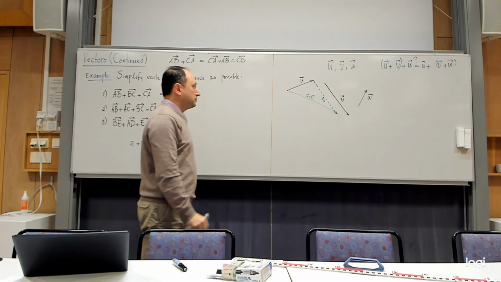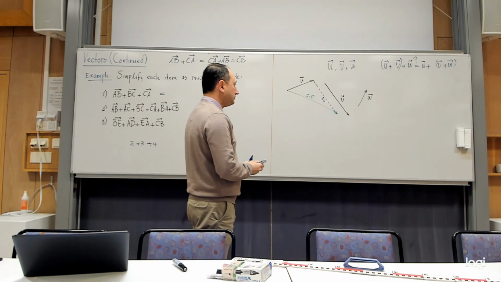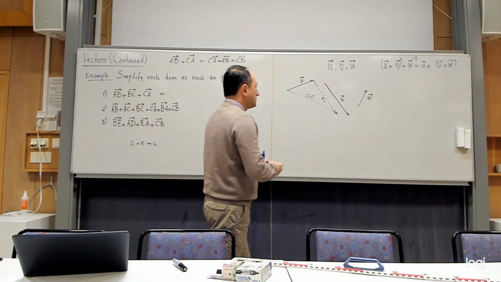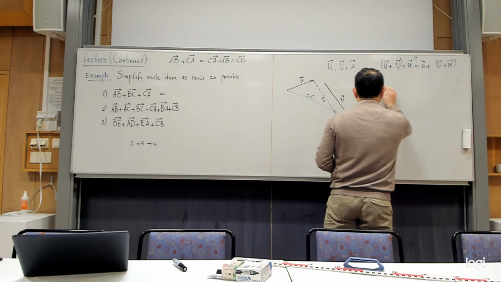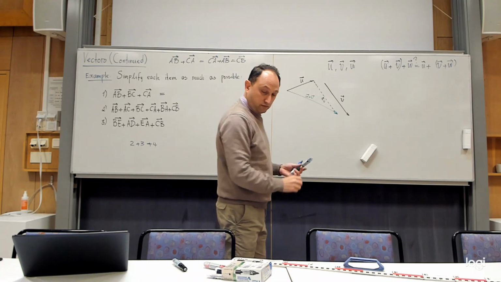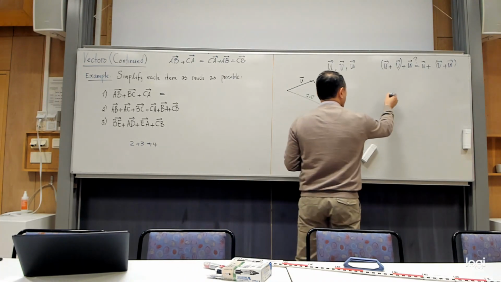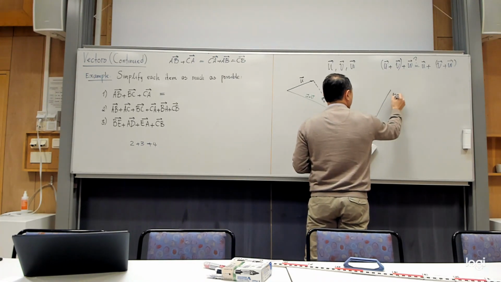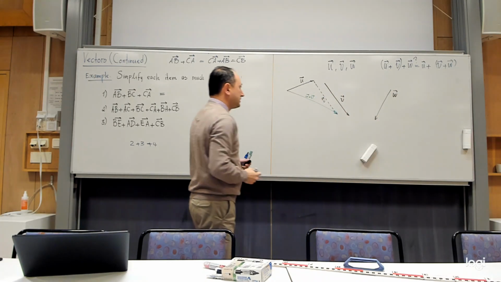And then what I am supposed to do, so if you don't mind, let me draw this vector V in a different direction. Otherwise, I have to cross them, and it's a little bit problematic. So let me consider W in this direction, just for clarity.